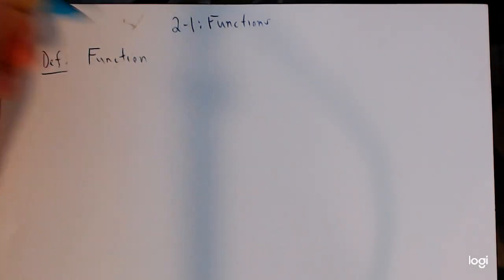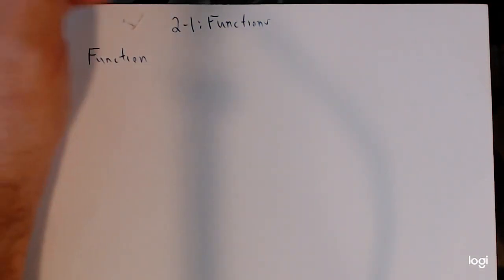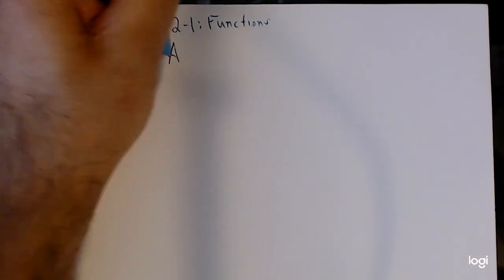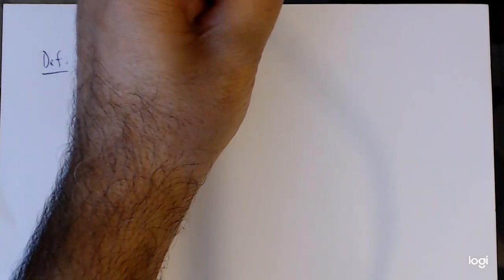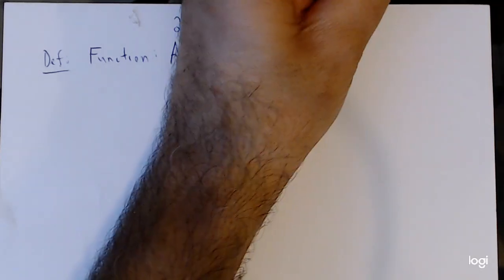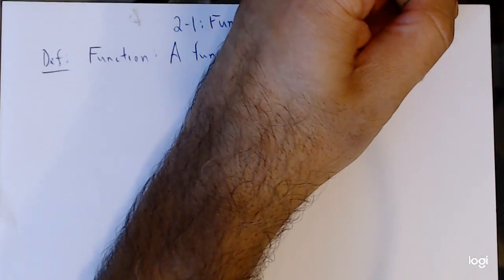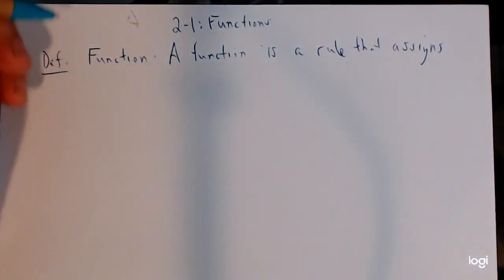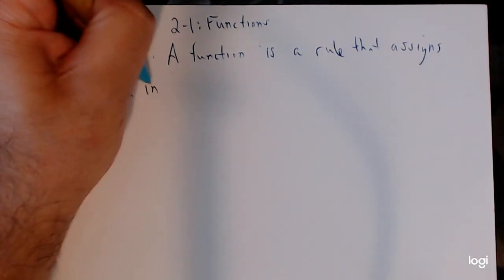And you'll notice that we will make references to functions or the definition of a function quite a bit in this class. So we can say, look, a function is a rule that assigns each input.